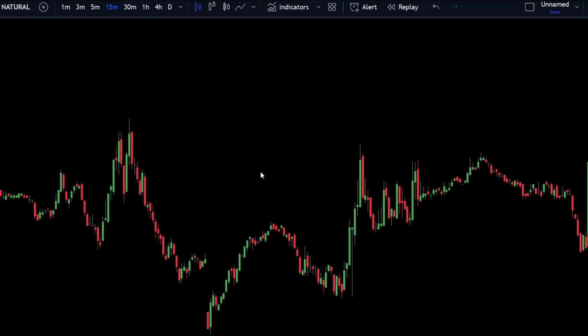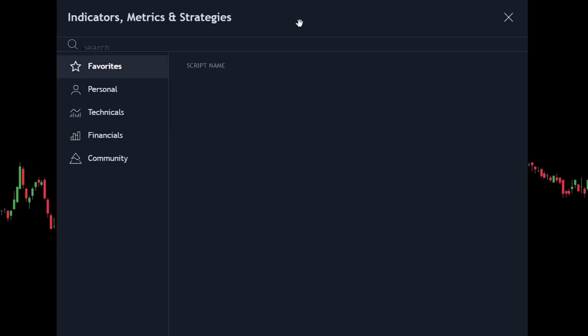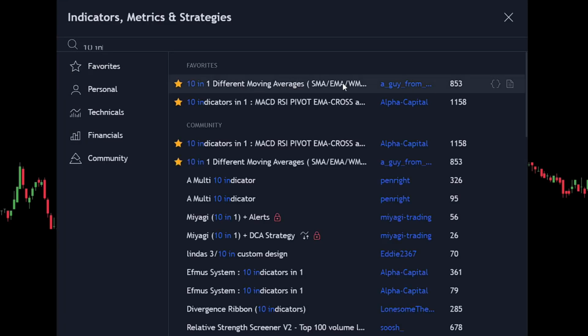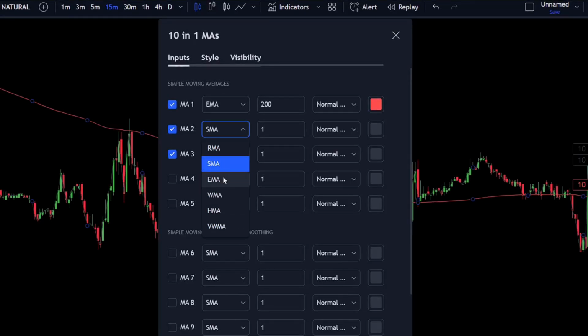This strategy works well on all markets with high liquidity. And for this example, we'll use natural gas prices. To add the indicators, click on the Indicators tab and search for 10 and 1 moving averages by this amazing author. Open the settings afterwards and follow my lead.